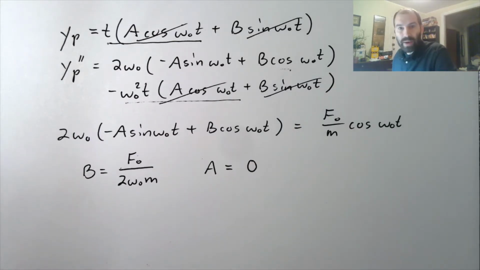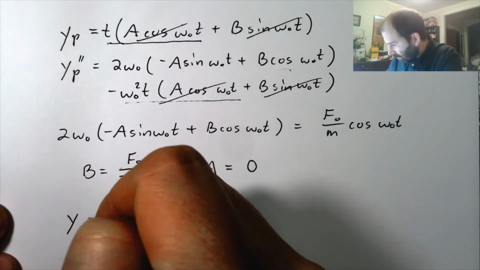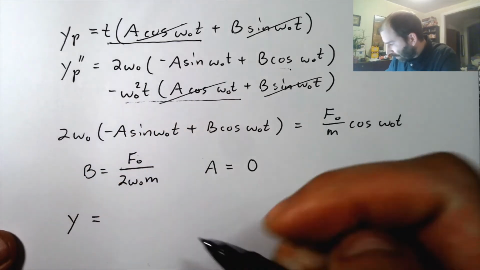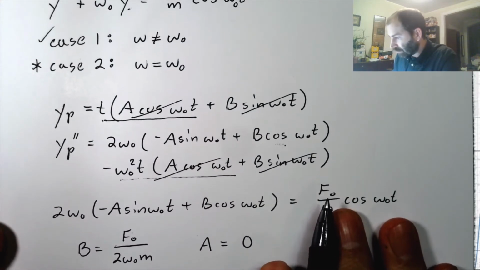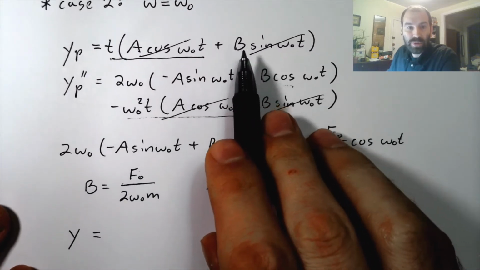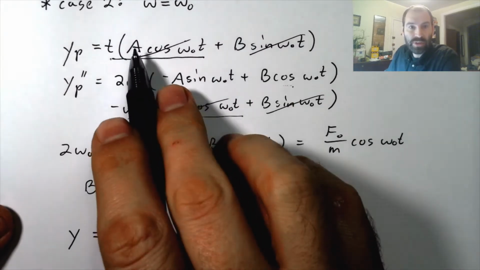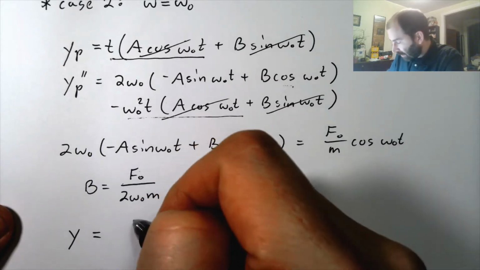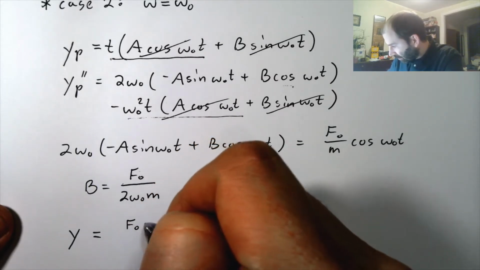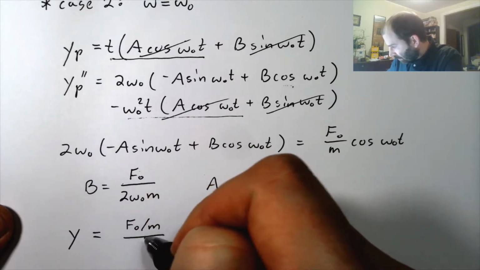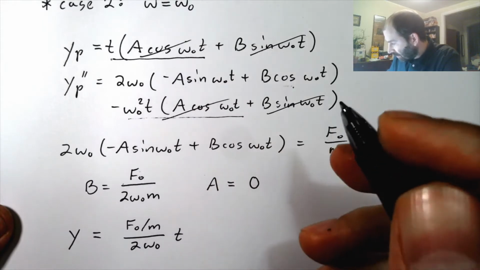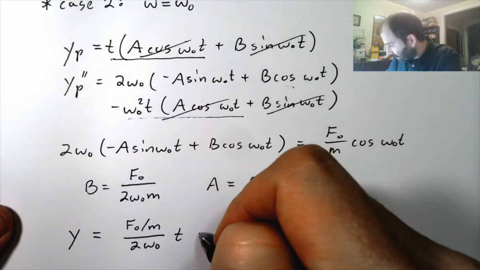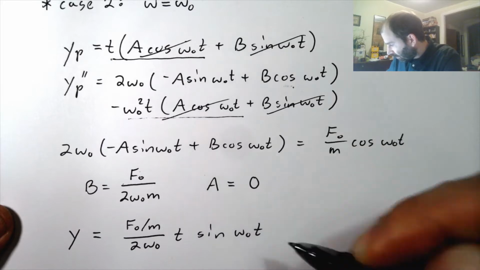So I've got my particular solution. I'm going to write down the full solution here. I'm just going to use this: put this stuff in place of B, and 0 in place of A. I'm actually going to pull the m upstairs, so I'm going to write this as F0 divided by m, divided by 2 omega naught, times t times sine omega naught t.